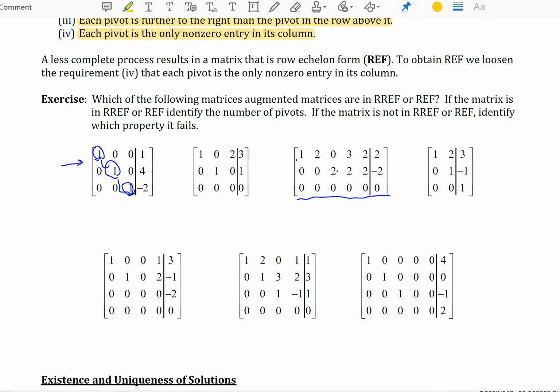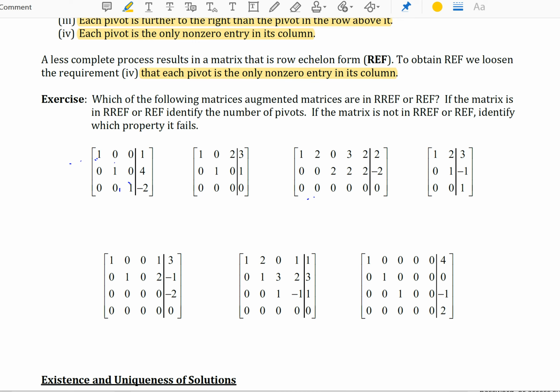So let's look at this exercise. In this exercise, we're asking which of the following matrices is in RREF form and which of the matrices is in just REF form. So remember, REF form is one in which we loosen the requirement that each pivot is the only non-zero entry in its column.